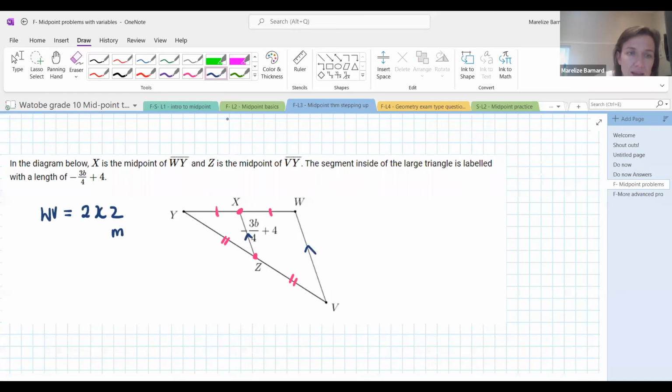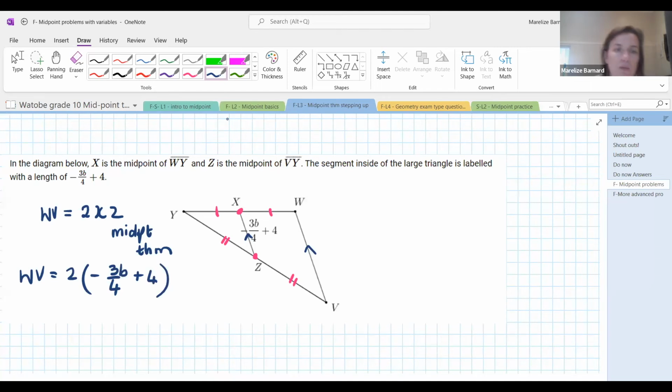And the reason there is midpoint theorem. So since XZ is this minus 3/4b plus 4, we can replace the XZ with that so we can figure out what VW is going to be.